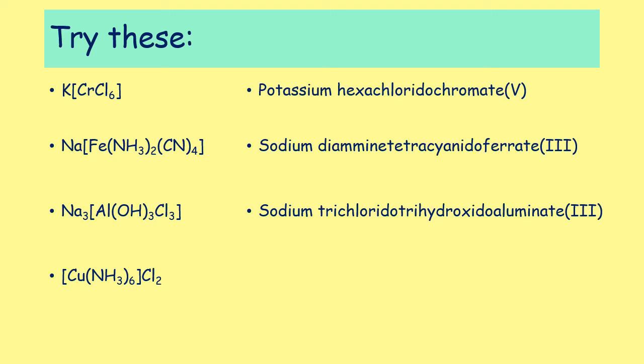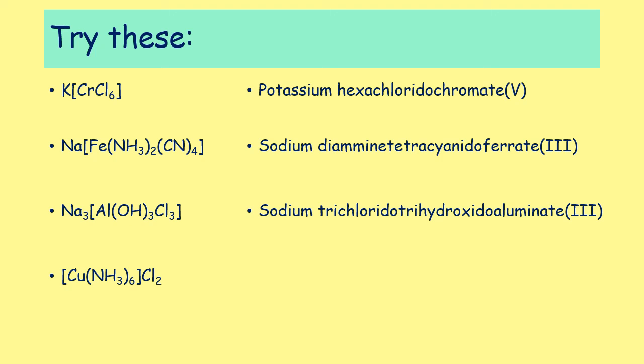Now the final one, we've got chloride outside of the complex. Chloride is negatively charged because it's a halide. That means that the complex is positively charged. Positive goes before negative, so we're going to put the name of the complex, then we're going to put the chloride. The complex is positively charged, so copper doesn't change its name.